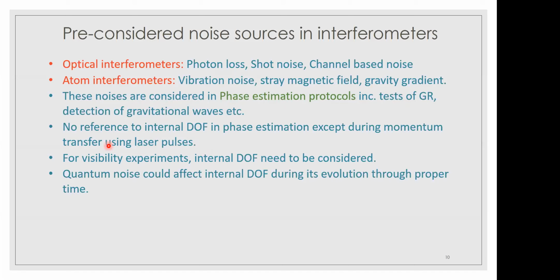For visibility experiments, one cannot just disregard the internal degree of freedom at all. One needs to consider it, as I said before. That leads to the answer that quantum noise could affect the internal degree of freedom, and hence, because of its evolution through a noisy environment, one would see some effect on the visibility.